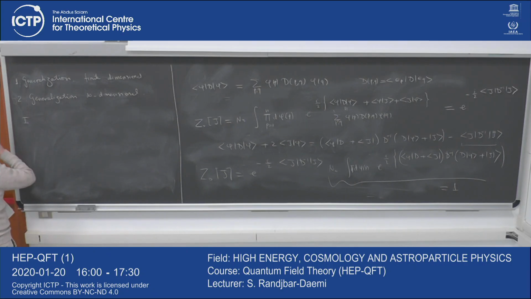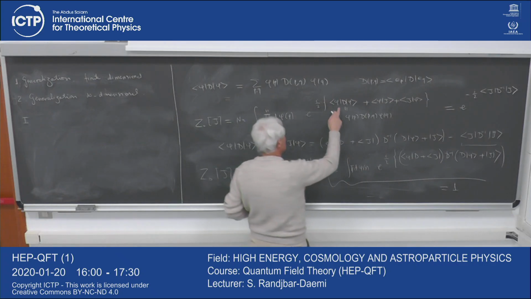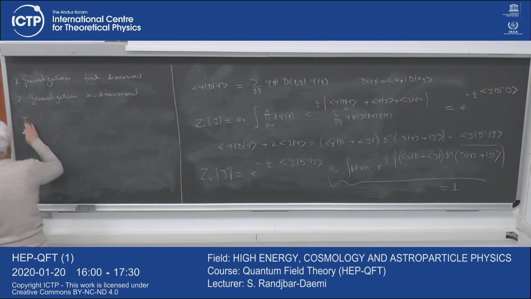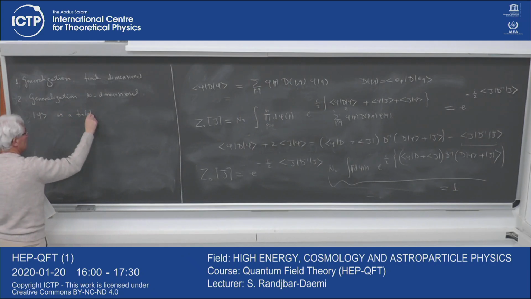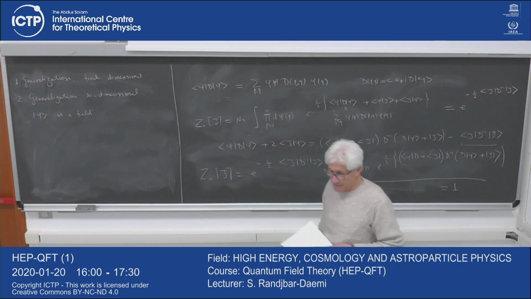So we will have an integral, in fact, in the same form. We will write it again in this notation. That's the reason why I introduced this notation. But phi will be a field. And in order to bring it to the familiar form of a field that you know, I have to introduce a basis.